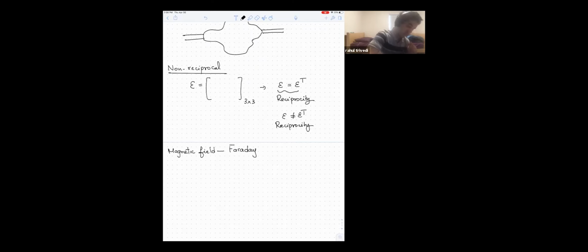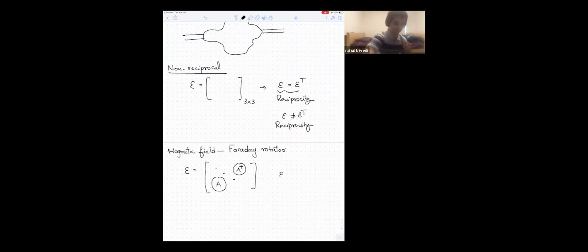They are very commonly used devices in fiber optics where you are trying to rotate the polarization of an incoming fiber mode. If you apply a magnetic field, you end up creating off-diagonal elements, which are complex. Let's call this some matrix A here, but they are complex conjugates of each other, so they are equal to A dagger.